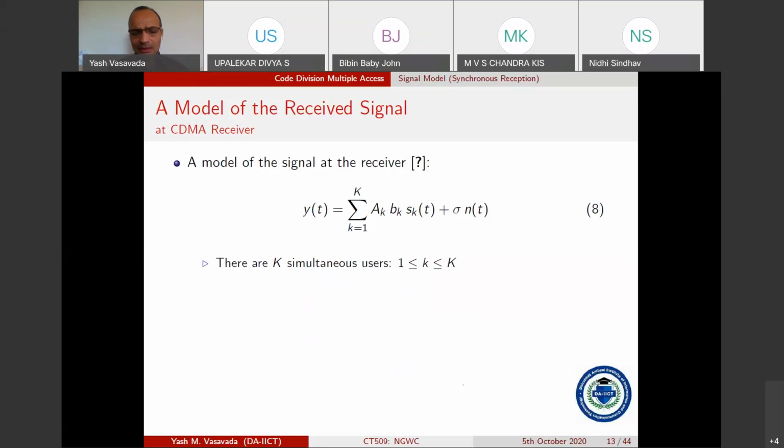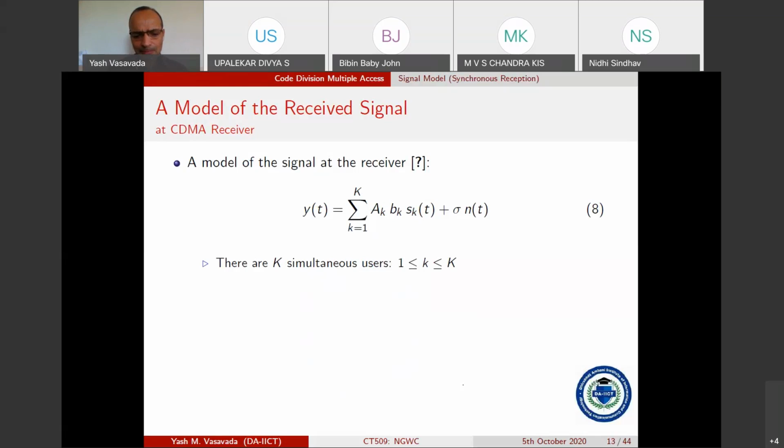I believe that in your wireless communication course that you took last semester, you should have studied these multiple access techniques. One of them is time division multiple access. The other is called frequency division multiple access. And the third technique, which is popular, is called code division multiple access.